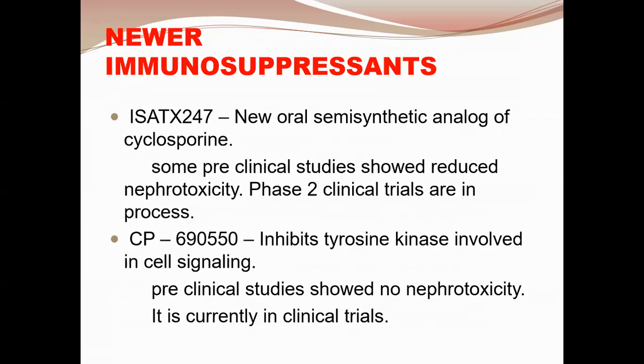There is another drug called CP690550, which inhibits the tyrosine kinase involved in cell signaling. Preclinical studies show no nephrotoxicity with this compound, and it is currently in clinical trials.